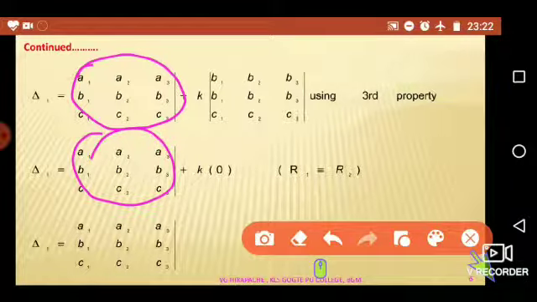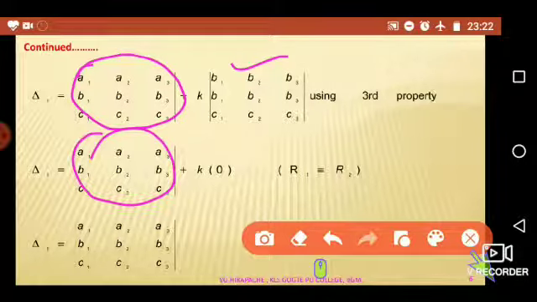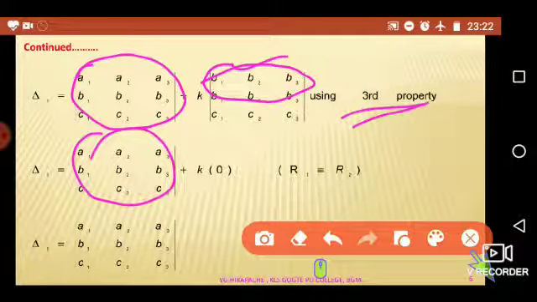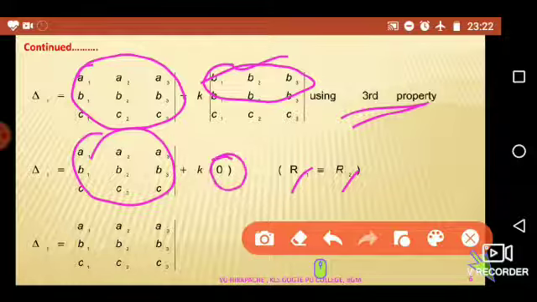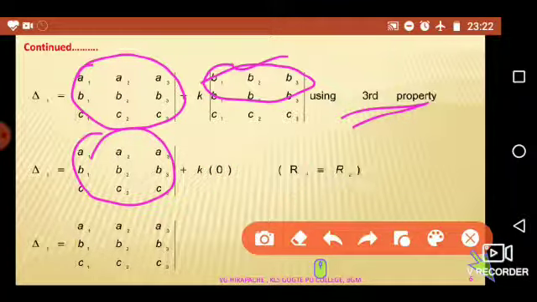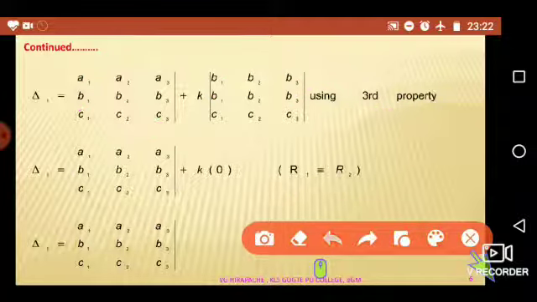If you observe the second determinant on the right hand side, by the third property of determinant, the rows b1, b2, b3 and b1, b2, b3 are identical. By the third property, R1 and R2 are identical. In such a case, the value of the determinant is always 0. Therefore, k into 0 is again 0, plus 0. Therefore, the first determinant is the same, that is, delta 1 is equal to a1, a2, a3, b1, b2, b3 and c1, c2, c3.